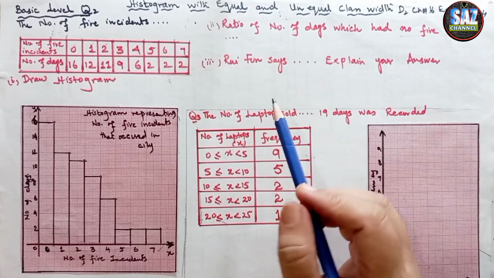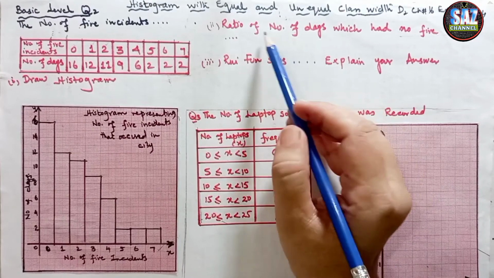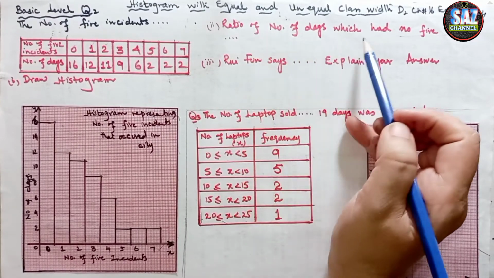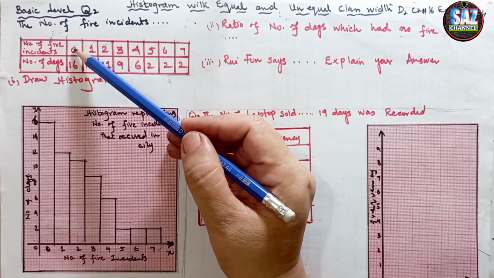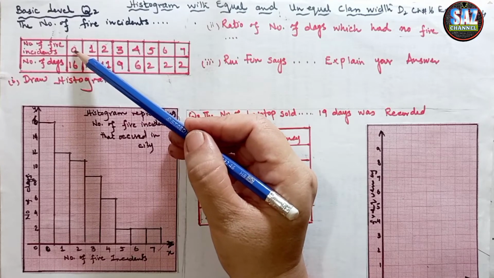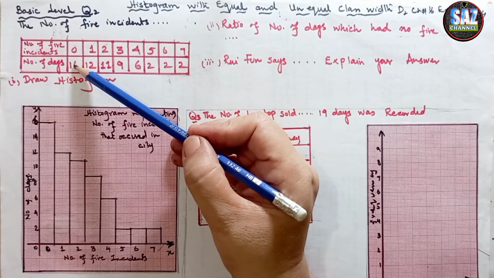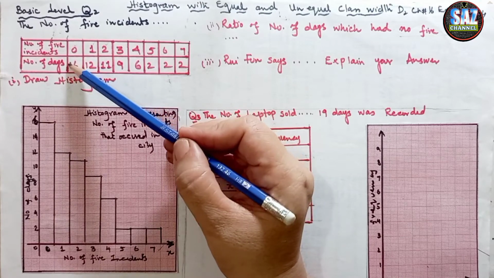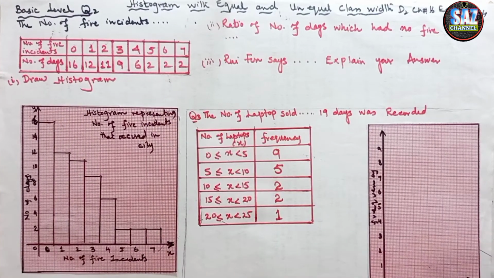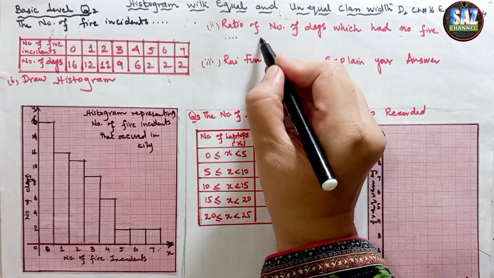It's important to understand that ratio of number of days when there is no fire incident. We can see here we have 0, means that there is no fire incident. So the days where we are having no fire incidents is 16. So it will be 16 ratio.